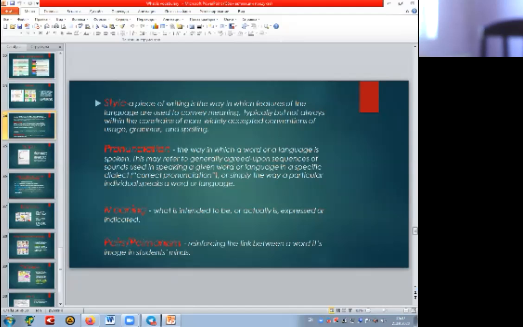And pronunciation, the way the word is spoken. And meaning, what is meaning? With the help of meaning, we can say what we intended to express or indicate. And bilingualism or pairs, it's a link between word and image.